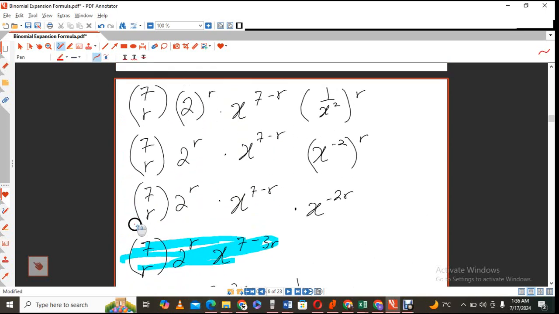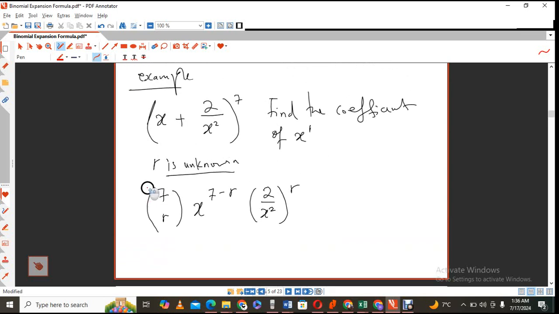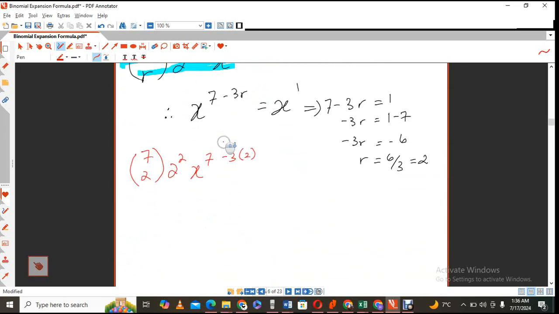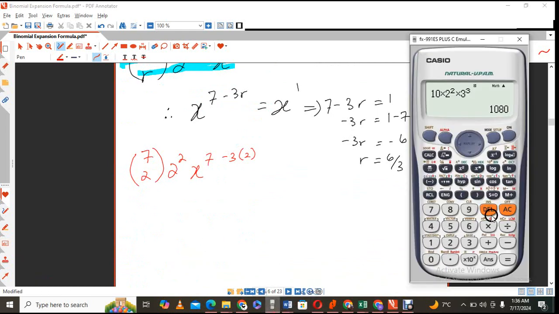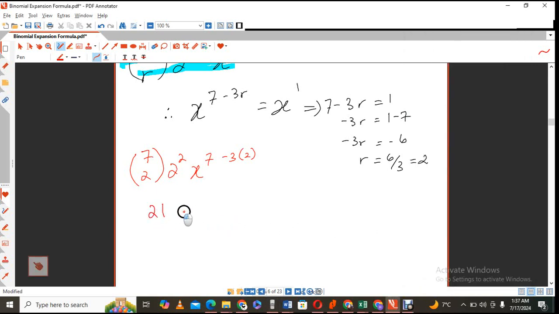I'm just looking for the coefficient, okay? Find the coefficient of x. Anyway, let's just find what that term is, all right? Then again, we use our calculator, or you can use the factorial formula. So 7 choose 2, okay, that is 21. So this gives me 21 times 4, and of course this is just going to be x, right?